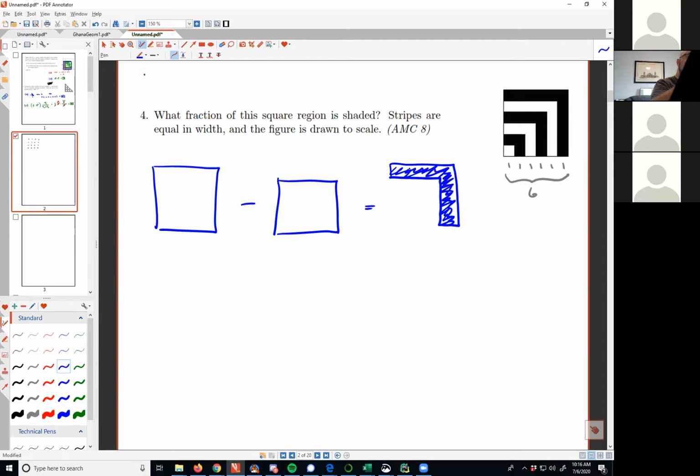Let's express this algebraically like that. So we're going to have 6 squared minus 5 squared for the big bent shape, and then 4 squared minus 3 squared, and then 2 squared minus 1 squared.